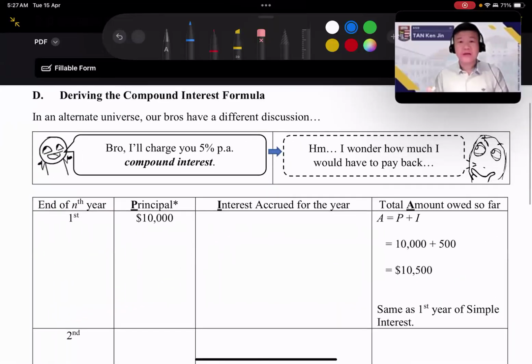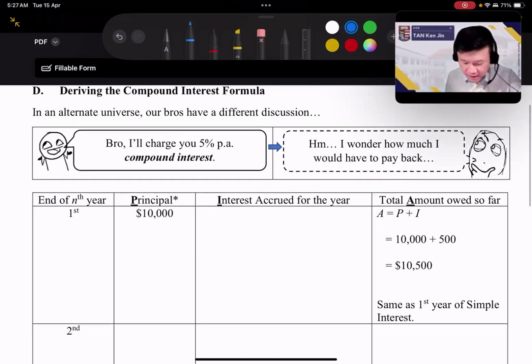Let's use the example that we had at the start of someone lending another bro money, but let's use compound interest instead of simple interest. So in compound interest, we still use the percentage for the first year. So for instance, 5% of $10,000, right?